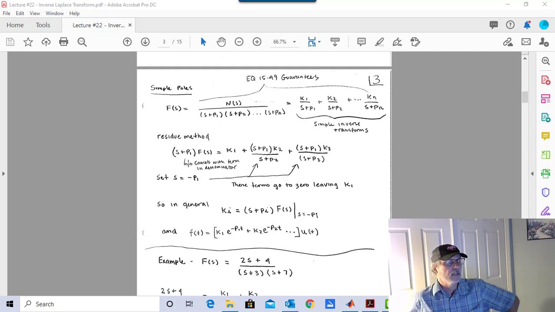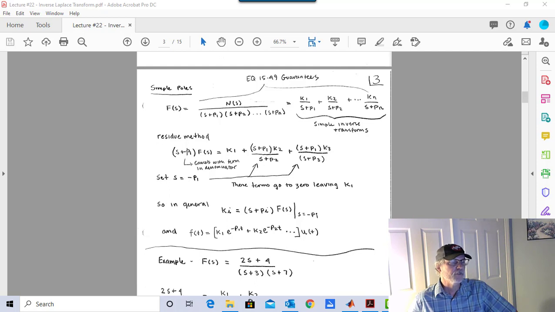So on the left-hand side, I'm going to get S plus P1 times f of s. And on the right-hand side, I'm going to multiply each one of these factors by S plus P1. So let's see what we end up with.